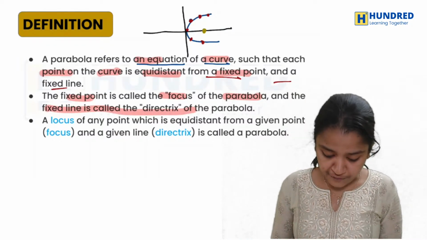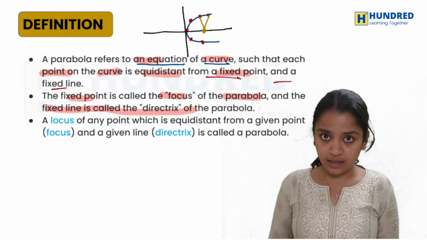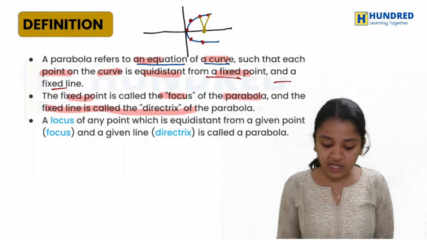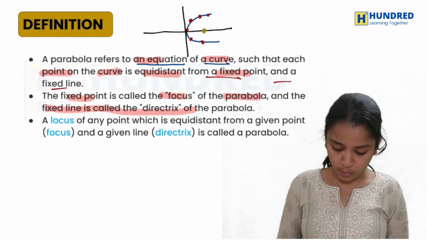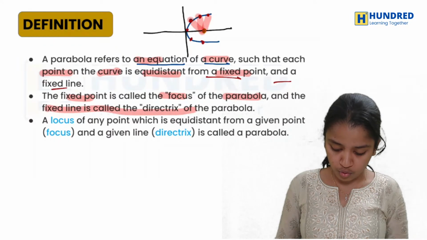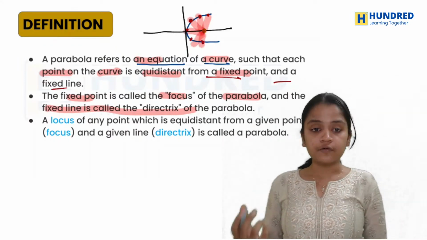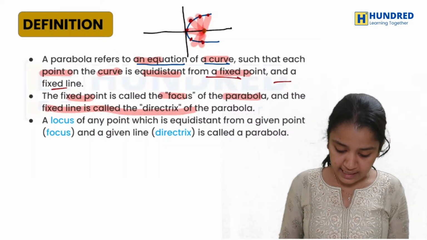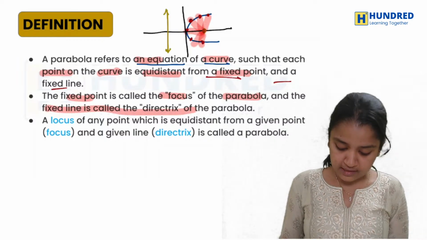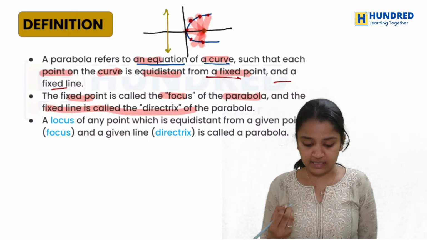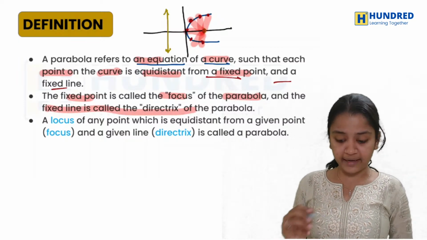From the fixed point, whatever point you go to on the curve will be equidistant from the fixed point. And the fixed line is called the directrix. So it will be equidistant from the fixed point and the fixed line.